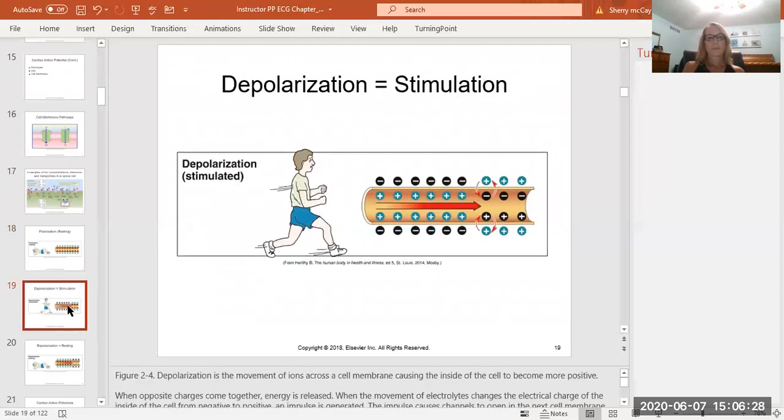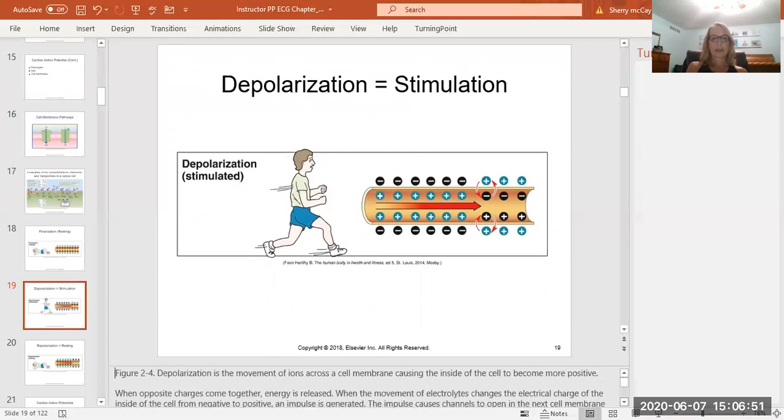Okay, so depolarization or stimulation, okay? Depolarization is the movement of ions across a cell membrane, causing the inside of the cell to become more positive. So it's the opposite. When opposite charges come together, energy is released. When the movement of electrolytes changes the electrical charge of the inside of the cell from a negative to a positive, an impulse is generated.